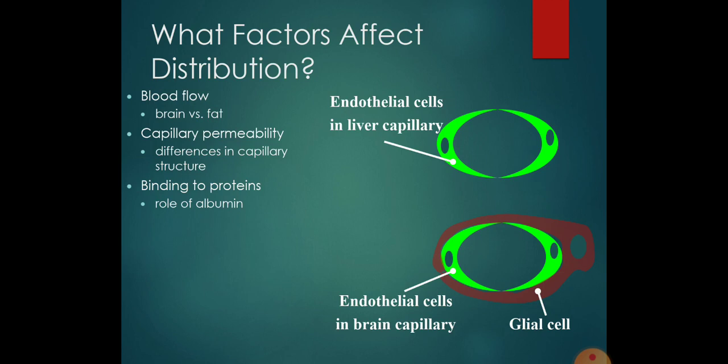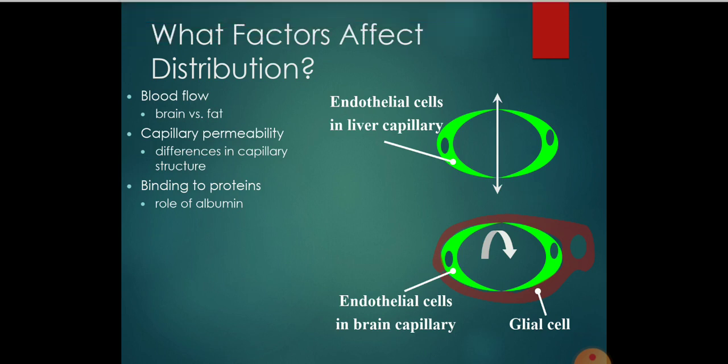So this is the picture of blood flow and capillary permeability. Here you see the endothelial cell in the liver capillary, it is freely flowing. But in case of this one, it's a tight junction. In brain, it is restricted. So restriction of the drug distribution is happening at the brain capillary.